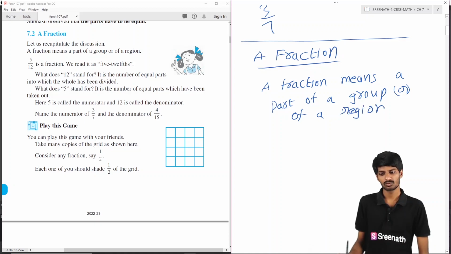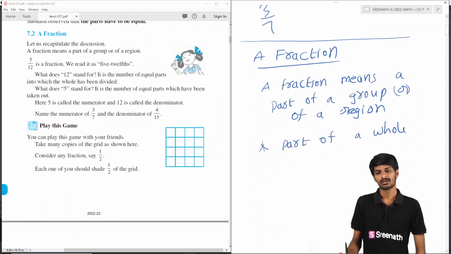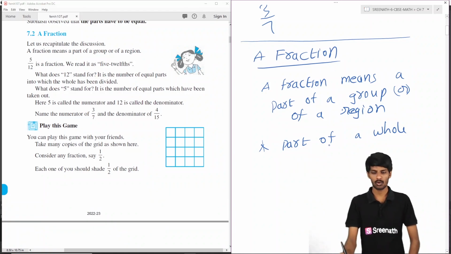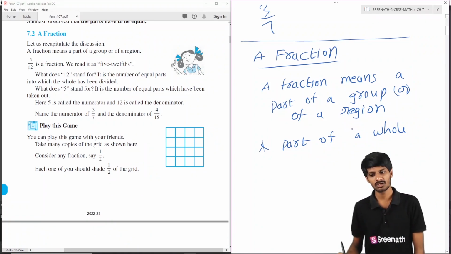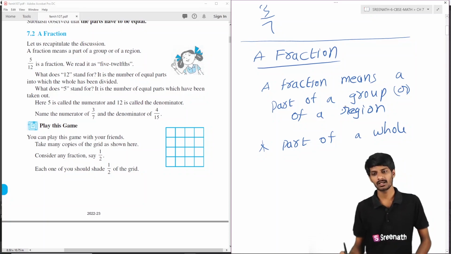Previously we also discussed part of a whole. So a fraction means a part of a whole group or whole region, whatever we are taking, and each part must be the same, students.